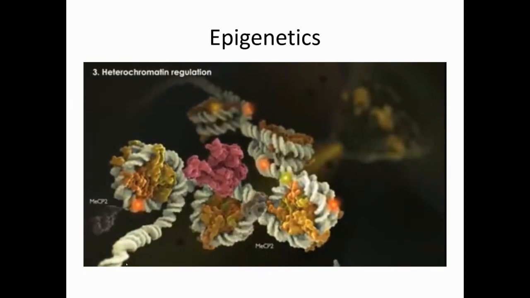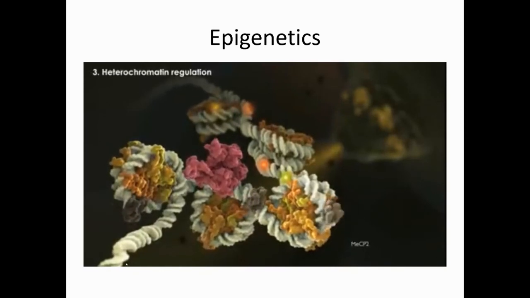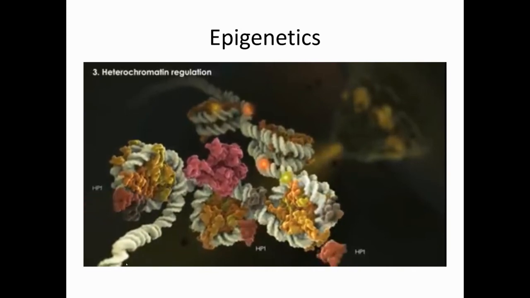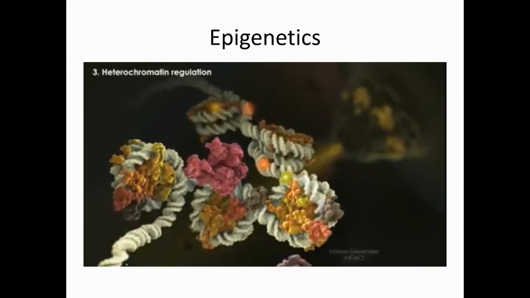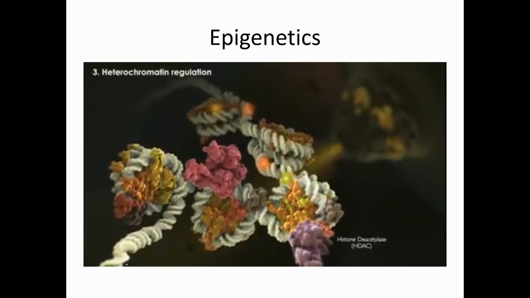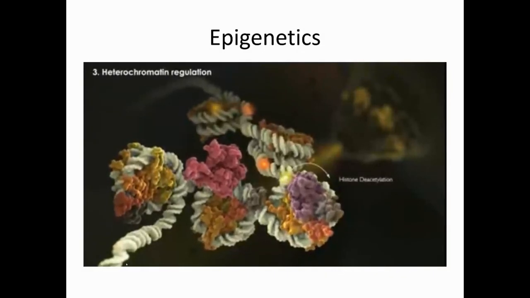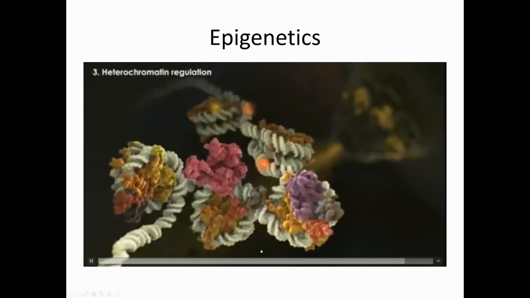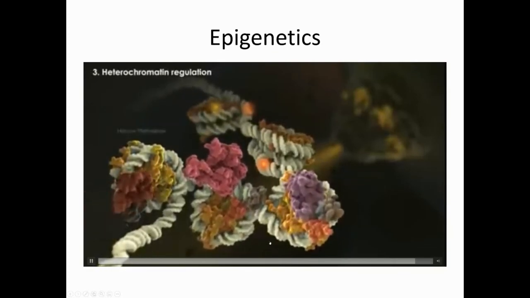These methylated cytosines in turn recruit proteins like MeCP2, methyl CpG binding protein 2, and HP1, heterochromatin protein 1. These proteins are thought to maintain a repressive state of chromatin by inducing histone deacetylation by HDACs, as well as histone tail methylation by histone methyltransferase enzymes.